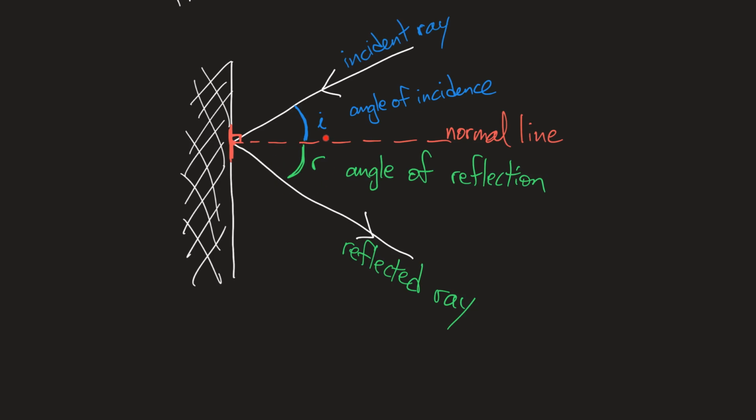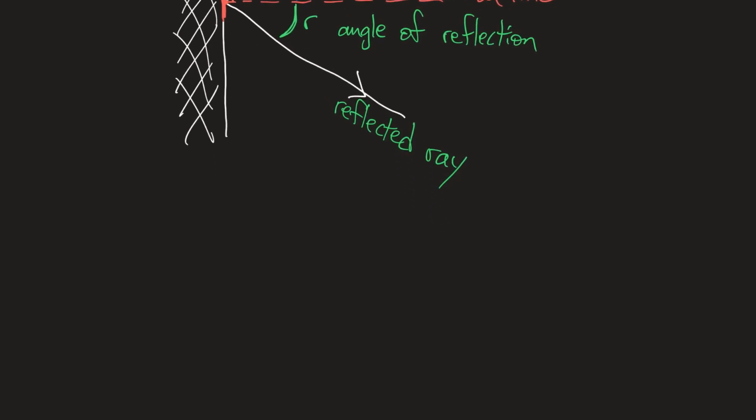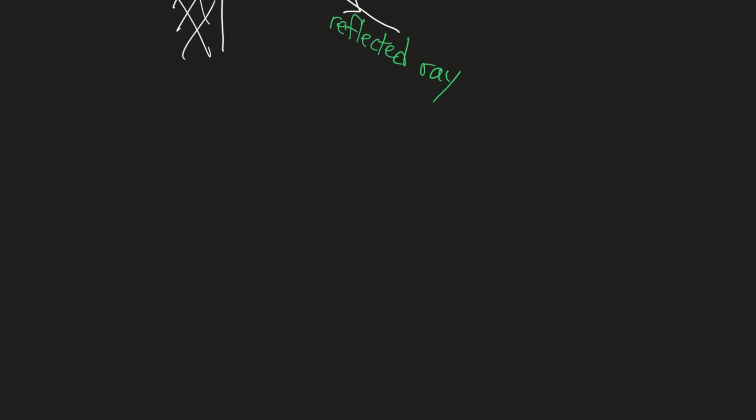The angle of reflection goes from the normal line to the reflected ray. According to the law of reflection, these two angles are always equal to each other. Okay, so let me write down the law of reflection, and then we can see some more examples of this. So here's the law of reflection.